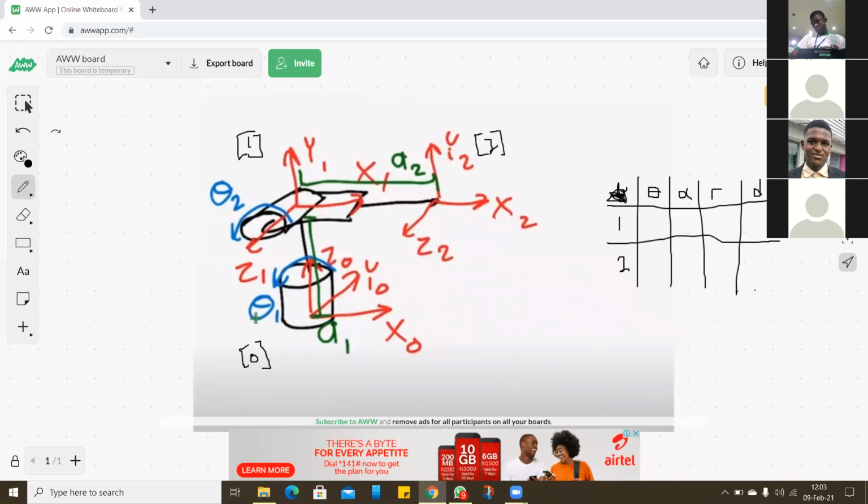What is the angle that frame 0 can rotate with frame 1 around Z0? If you check your book, I'm trying to look for that definition. It says Z(n-1). It is telling you to rotate the first frame and the second frame along the axis of Z of the first frame.